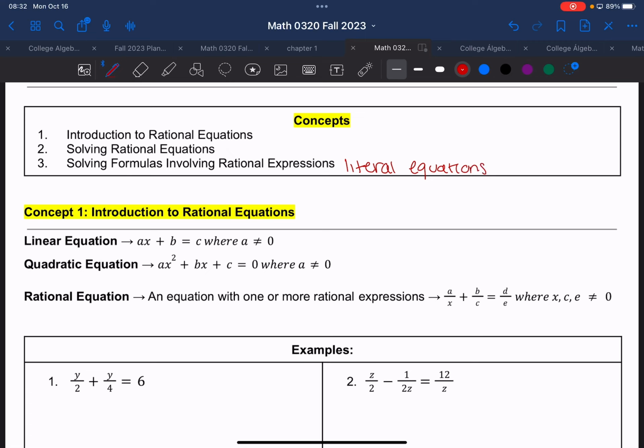A literal equation is an equation filled with multiple variables. Just some extra knowledge: when you hear literal equations, that's the same as saying solving formulas using rational expressions.